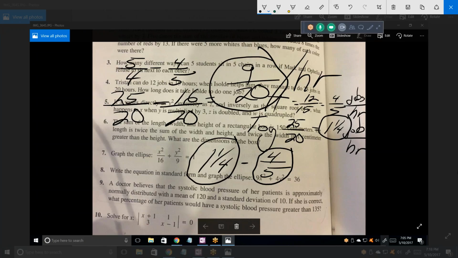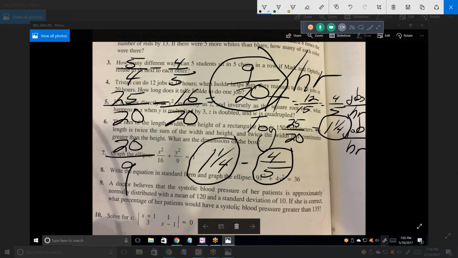How many hours does it take her to do one job? If she's doing 9/20 of a job per hour, how long does it take her to do a full job? It's the reciprocal of that number, 20/9.